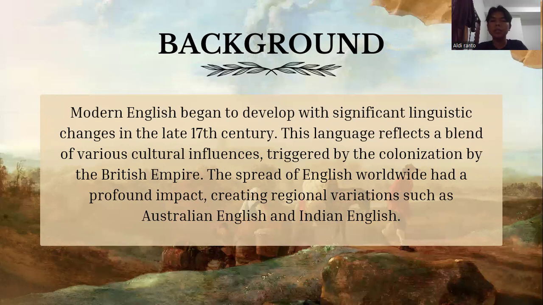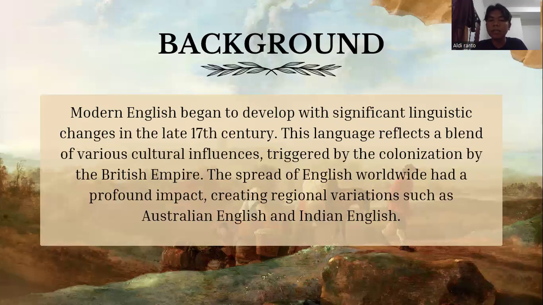So that means the English we know today start changing a lot at the end of the 1600s. This happened because many people from different countries start meeting each other. Do you remember when England went to many places around the world to do colonialism?